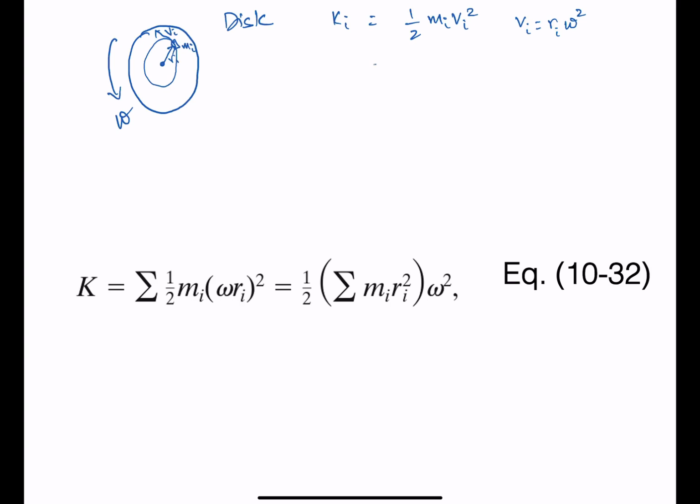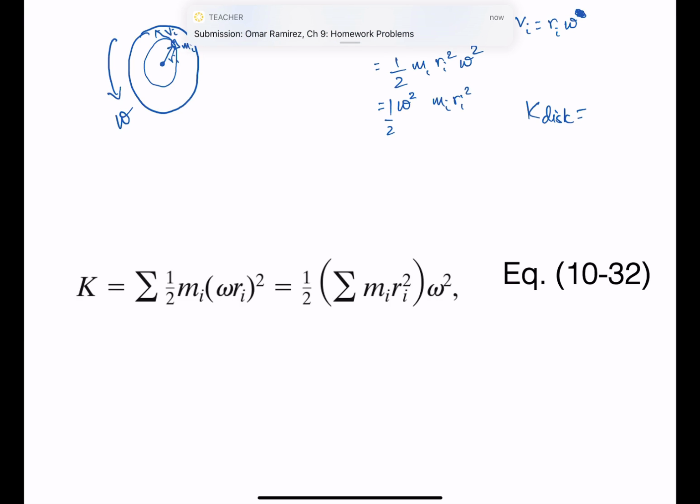If we substitute that in here, we get 1 half mi, that should be r times omega, ri squared omega squared. Now I can bring this omega squared outside, so 1 half omega squared mi ri squared.